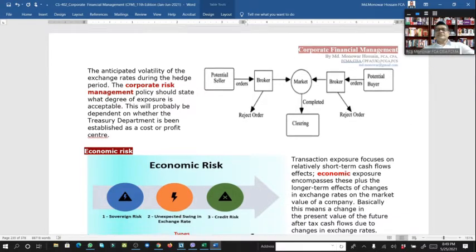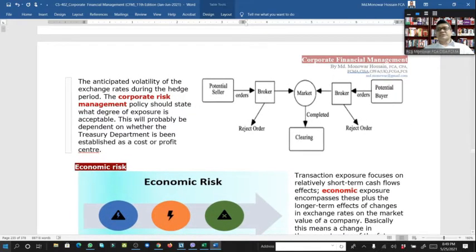And if we see here, the potential seller is here. Look, here is the order to the broker. If the broker rejects the order, it's okay. If accepted, then it goes to the market. And here, through the clearing, it is completed. Here is the potential buyer, here the potential seller.